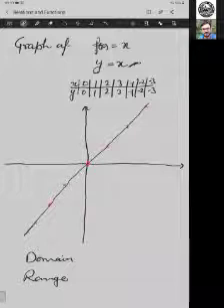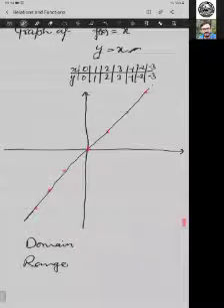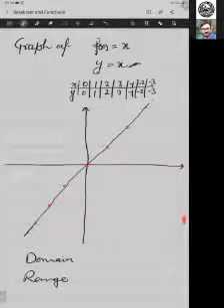Domain means the values of x, and it will be real numbers, because every value we are able to put on the x-axis.